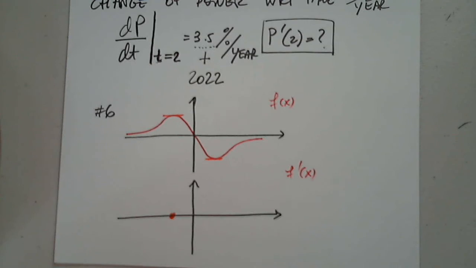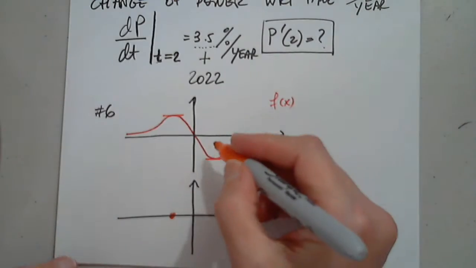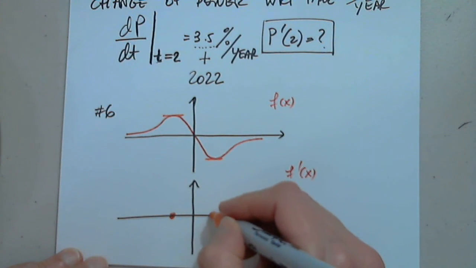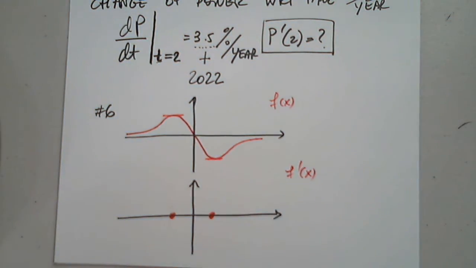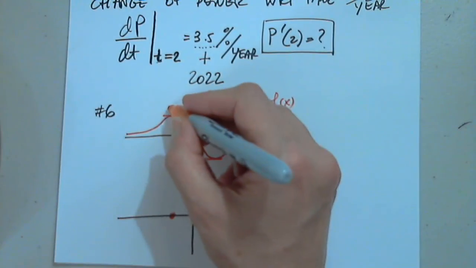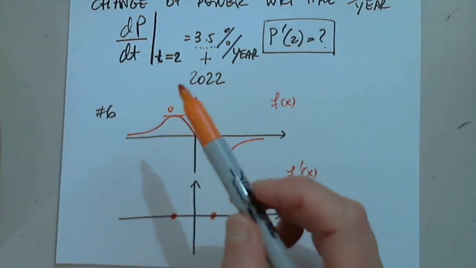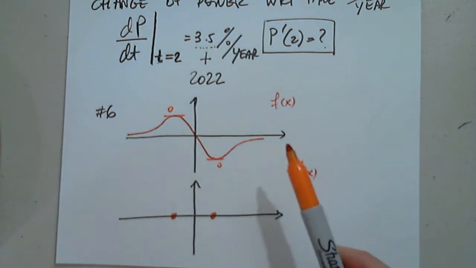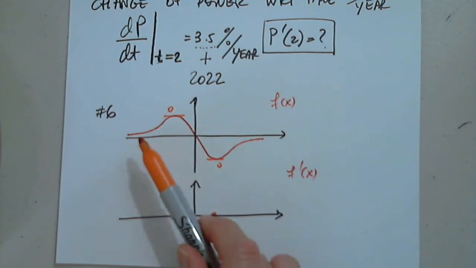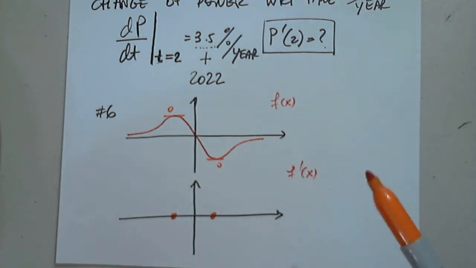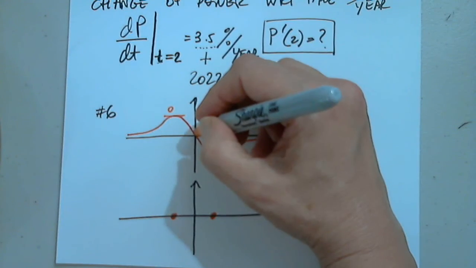Also at this point, the derivative must be 0. How come? That's the slope. The slope here is 0. The slope here is 0. So this is what I'm graphing. I'm graphing the slope, which is the rate of change of this function, at every point.